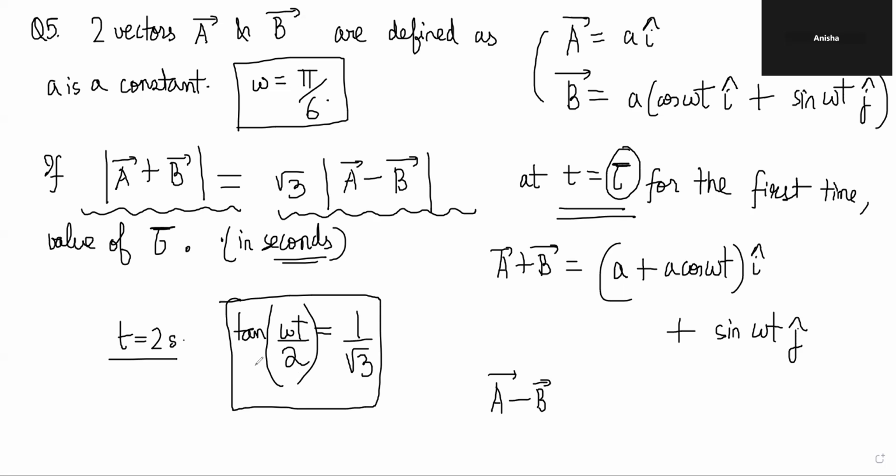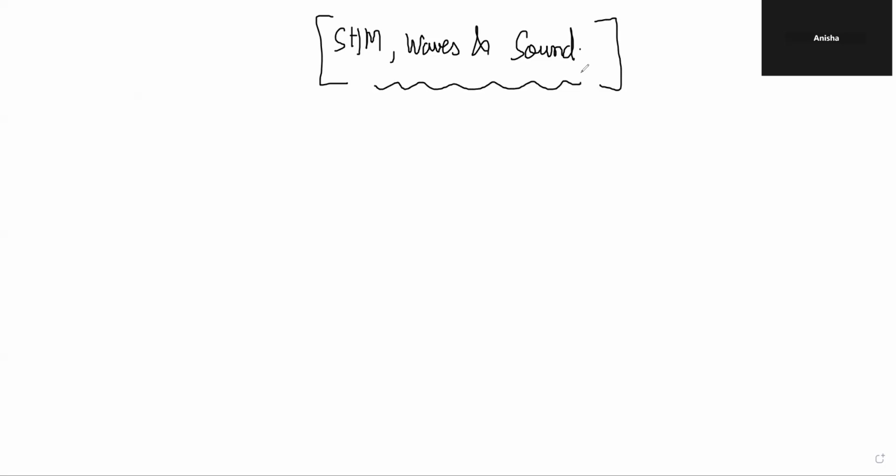Okay, so basically, we will focus on this topic, SHM, waves, and sound for the next couple of classes in physics, and try to make sure that if there is any easy question on this, you need to be able to do it. The questions on this are mostly theoretical. As long as you know your theory, it is unlikely that there will be a very tough question here.